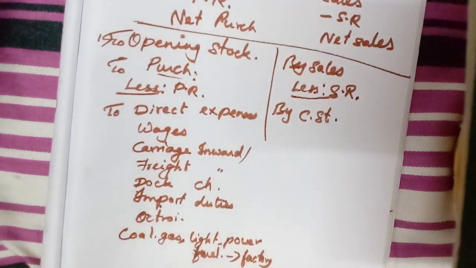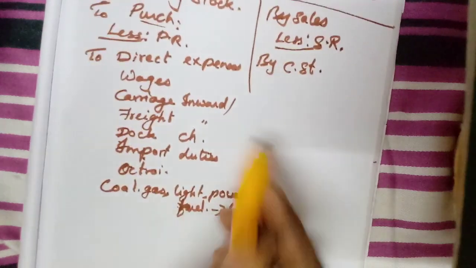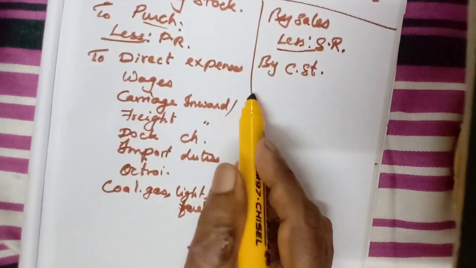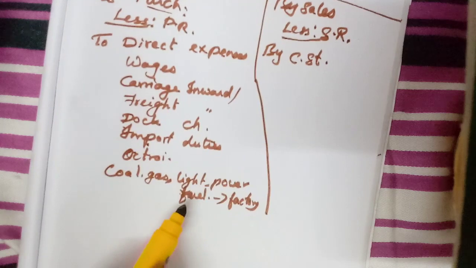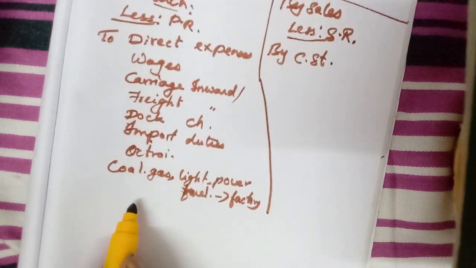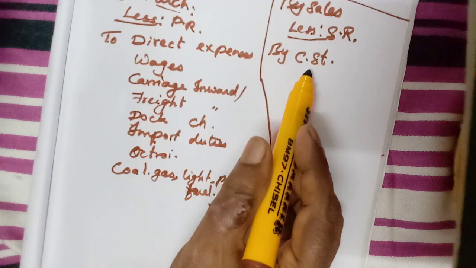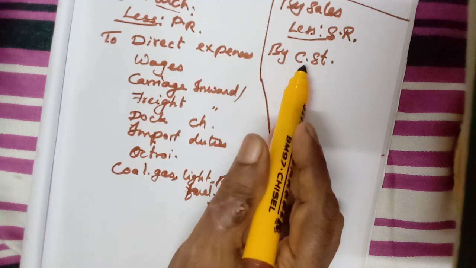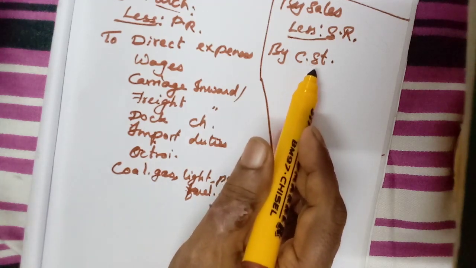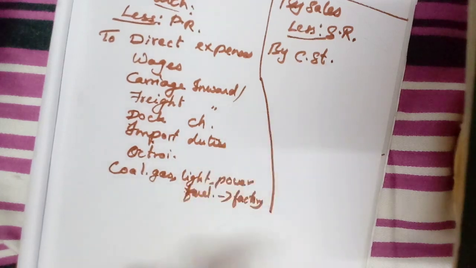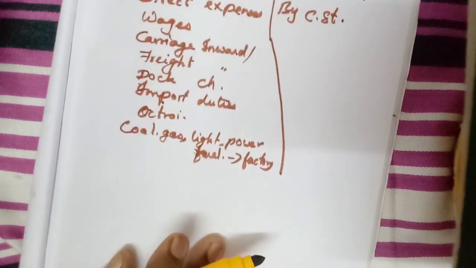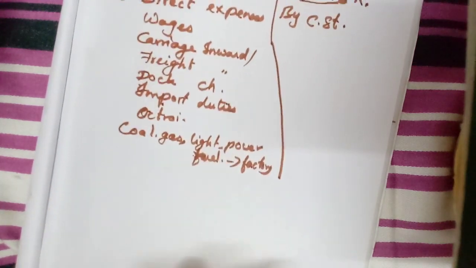Closing stock means the goods unsold at the end of the accounting year, that we have to deduct. That's why we are writing on the credit side. In a statement way also we can find out.